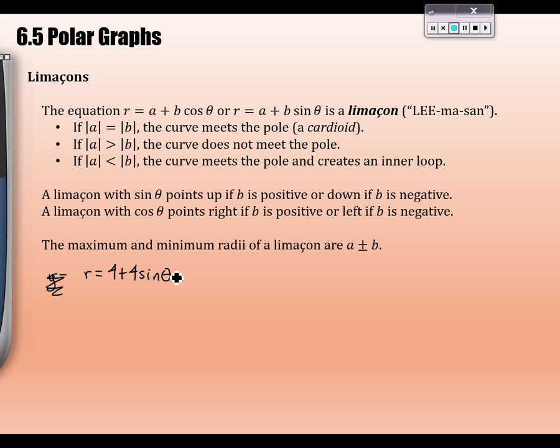And that corresponds to y equals 4 plus 4 sine x, which you would have done first semester, right? And the first thing I would do in this picture is figure out that this is going to look like this, sitting on the x-axis, isn't it?